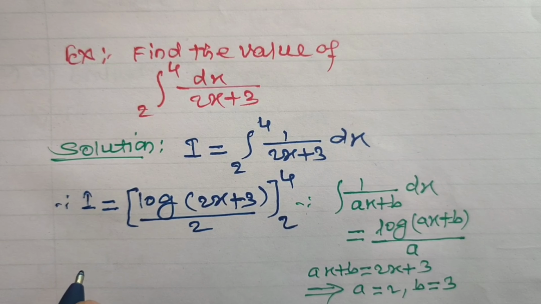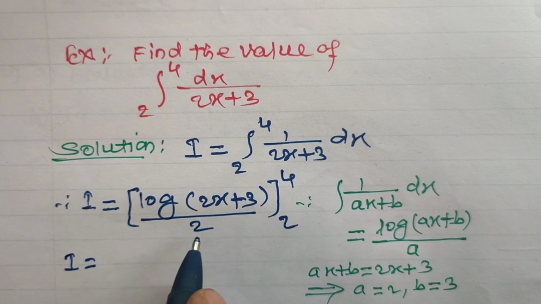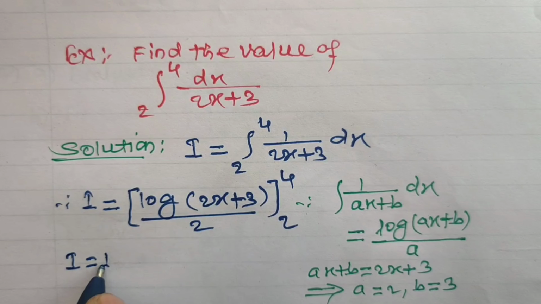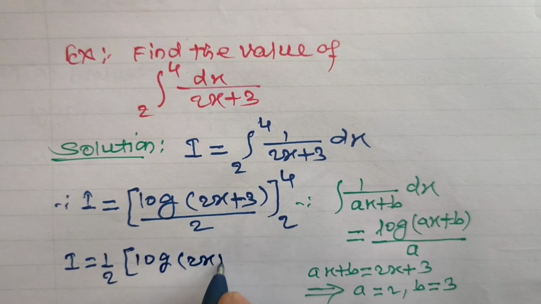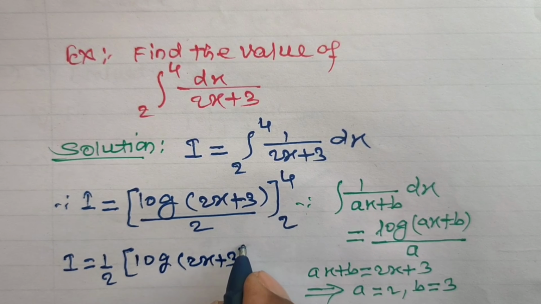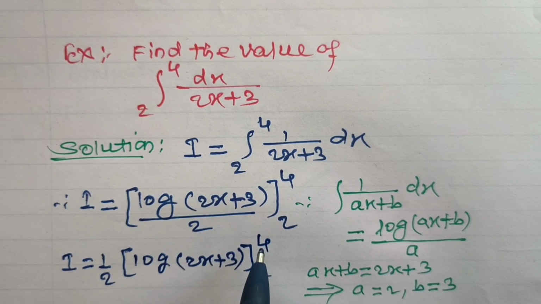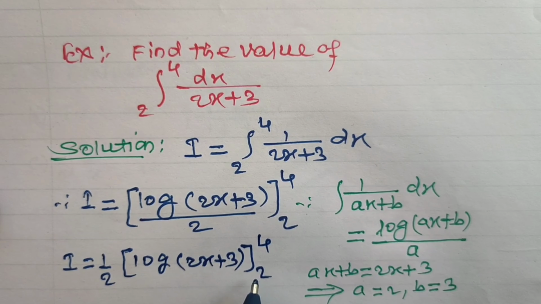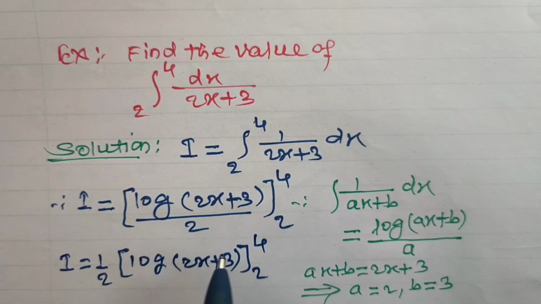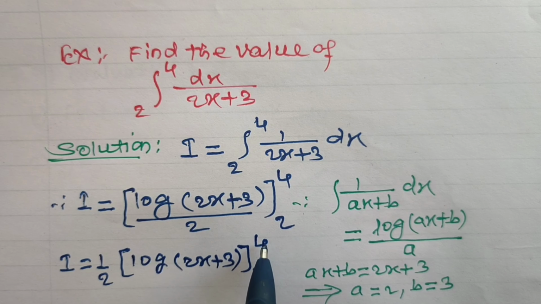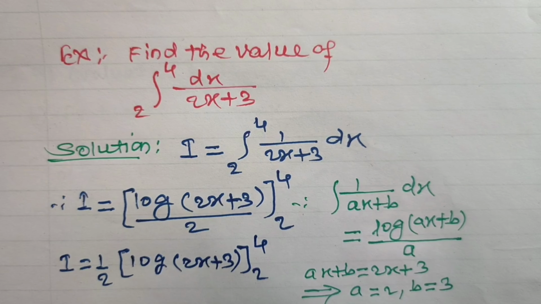Hence, given integral I is equal to, we can take 1 upon 2 outside the bracket, 1 upon 2 logarithm of 2x plus 3 and its limits from 2 to 4. First of all, substitute the upper limit and then substitute the lower limit, meaning we are replacing x by the upper limit first and then x by the lower limit.